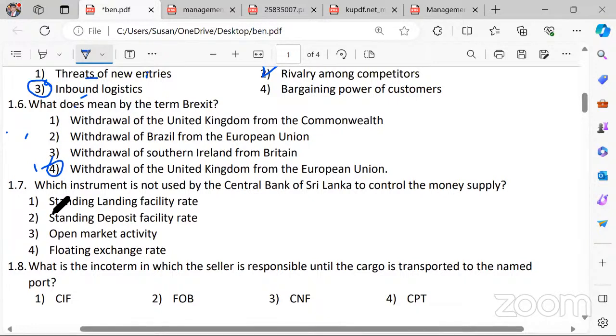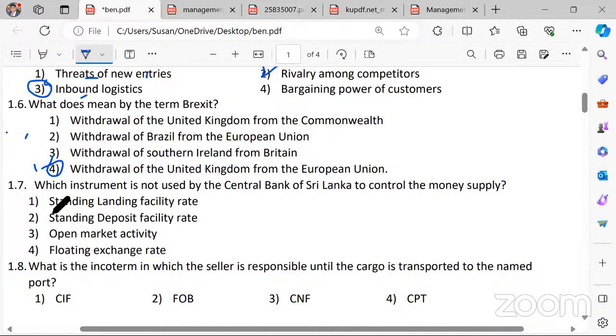Right? Now, Britain withdrew from the European Union. Now, Britain, the United Kingdom, is not in the European Union. That is not a member country. Withdrawal of the United Kingdom from the Commonwealth? The United Kingdom is still the head of the Commonwealth.